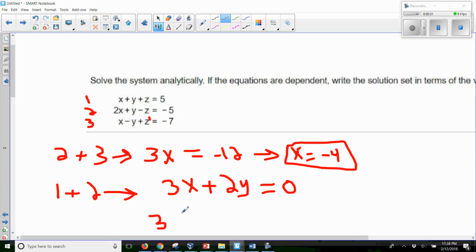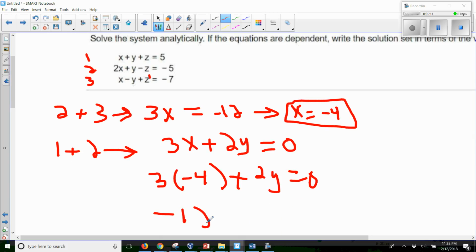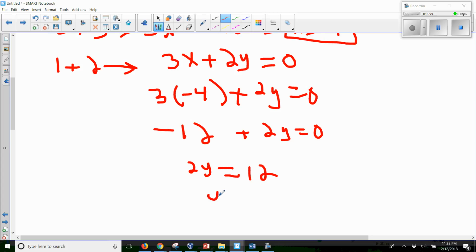So 3 times negative 4 plus 2y equals 0. Or negative 12 plus 2y equals 0. Or 2y equals 12. Divide both sides by 2 to get y equals 6.